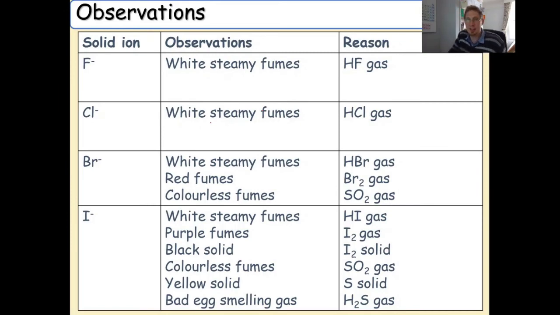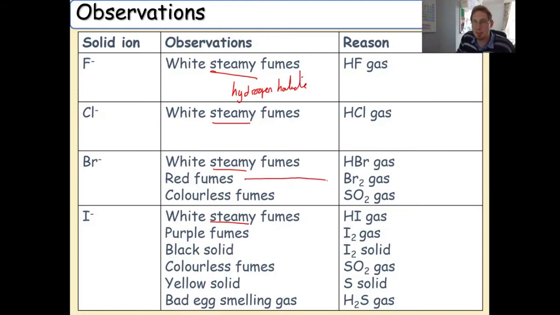Well, hopefully you remember that the steamy fumes indicate a hydrogen halide. The red fumes would indicate bromine gas; you could call them brown if you wanted. The colourless fumes, that's sulfur dioxide gas.